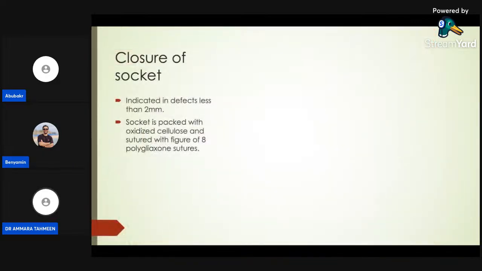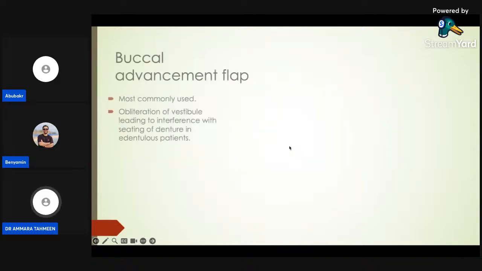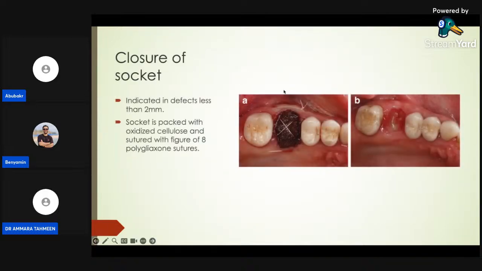So when there is a defect, as I said, which is less than 2 mm, usually what you do is pack the socket with oxidized cellulose. As you can see, there was just less than 2 mm of communication.